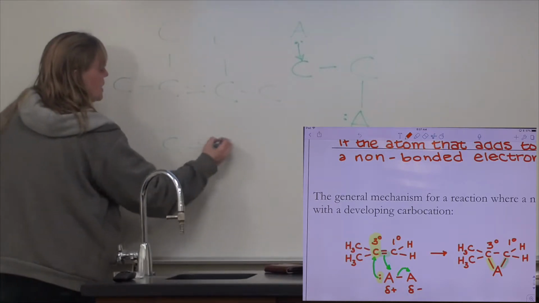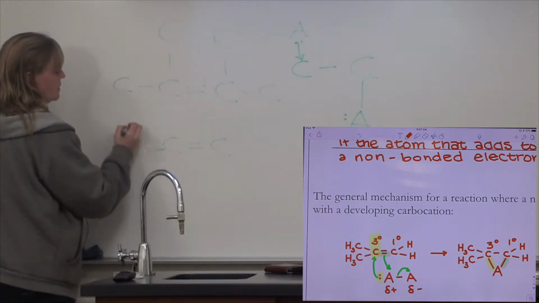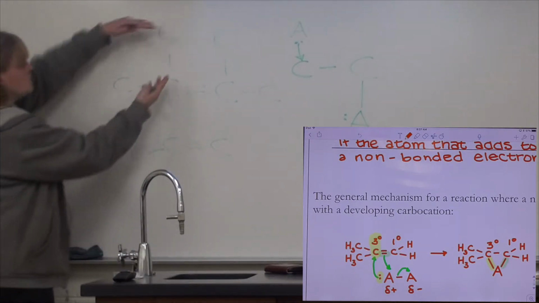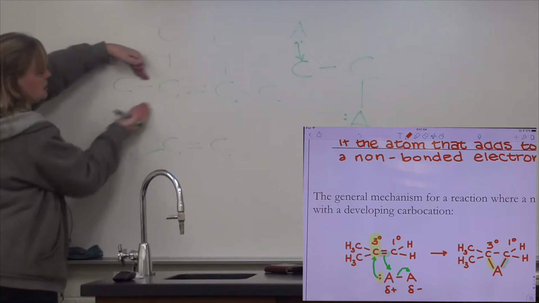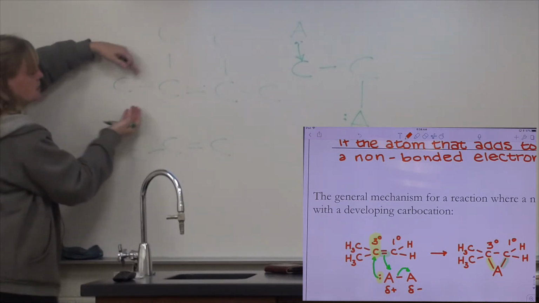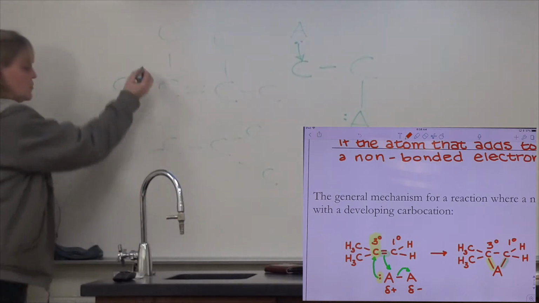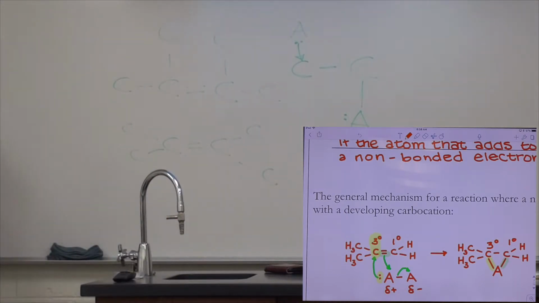It looks more like that. What I'm doing is moving these bonds down here, squishing it this way and squishing this way. One advantage of redrawing it like that is you can better see the stereochemistry as you're working problems.